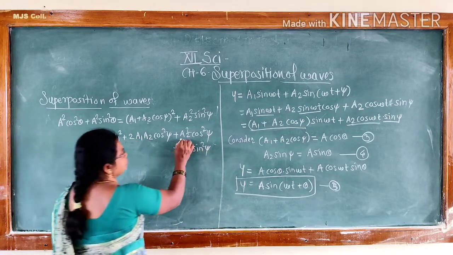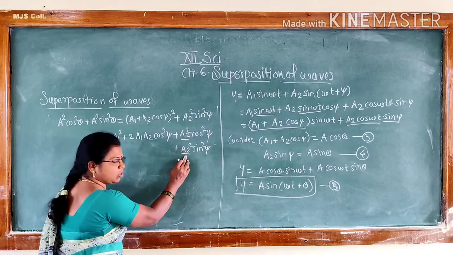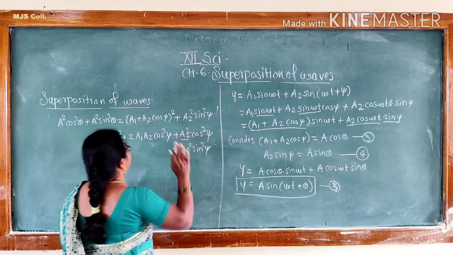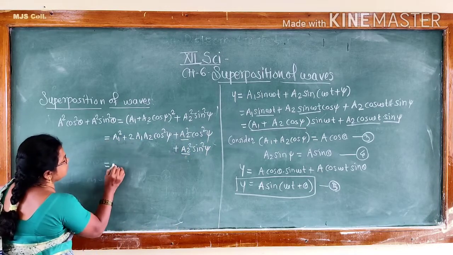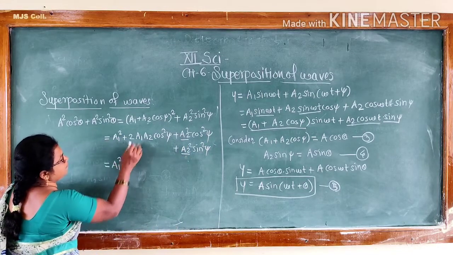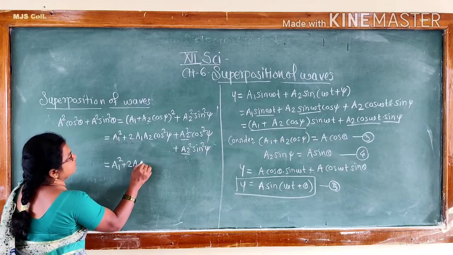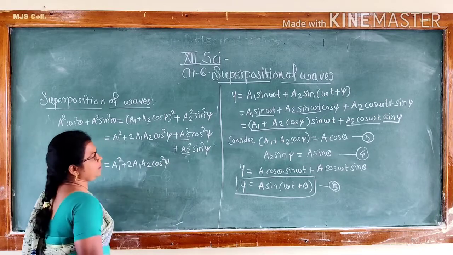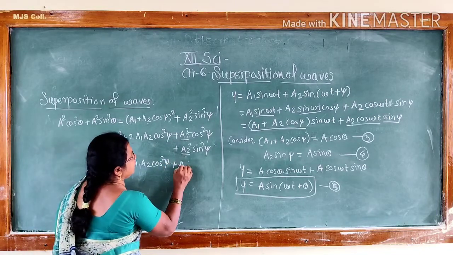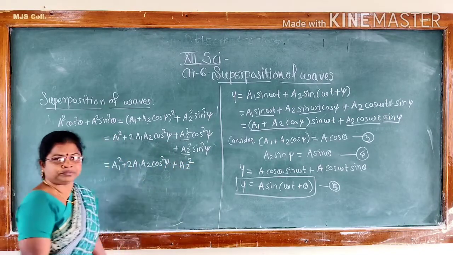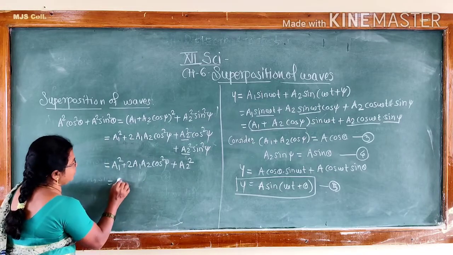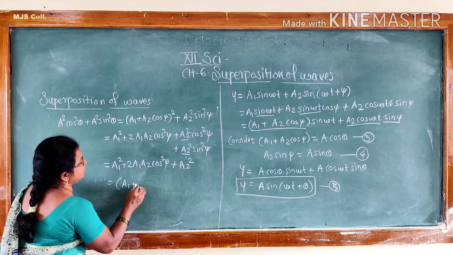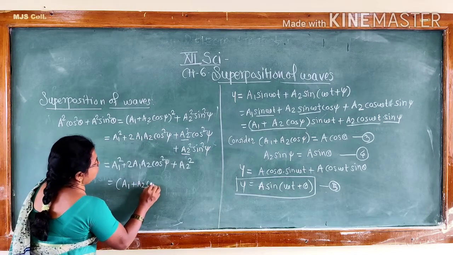Since this A2 square will be taken common, after that cos square psi plus sin square psi is equal to 1. So what remains here is A1 square plus twice A1 A2 cos psi plus A2 square.